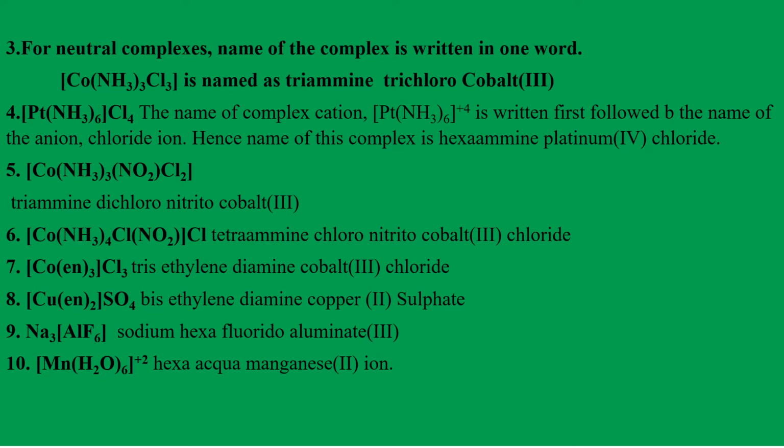[Co(NH3)4(NO2)Cl]Cl. Now outside there is only one monovalent anion. So the complex cation will have +1 charge, that is [Co(NH3)4ClNO2]+. Again here there are 3 ligands, so naming according to the alphabetical order. How many NH3 groups are there? 4. 1 chloro group and 1 nitrito group.